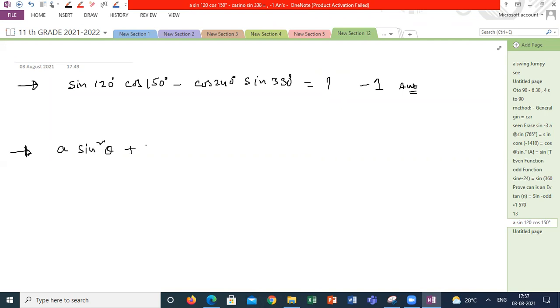A sin square theta plus B cos square theta is equal to C. Find tan square theta in terms of A, B, C. The clue is you have to use the concept of quadratic equations.